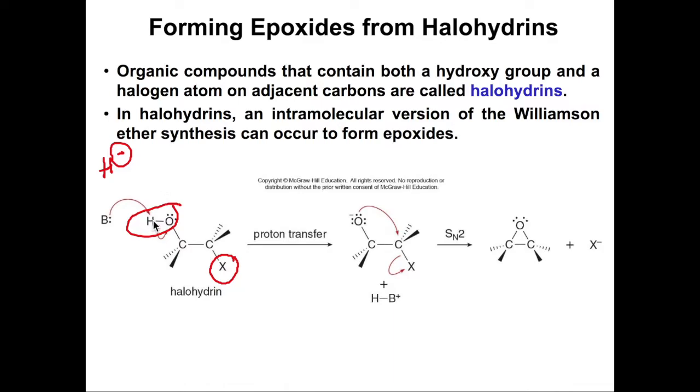That will get the hydrogen and form the alkoxide, and then the O minus will go and attack my electrophile. Remember that this has delta plus and this has delta minus, and so that can attack that carbon, displacing the leaving group, and that will form this three-member ring epoxide.